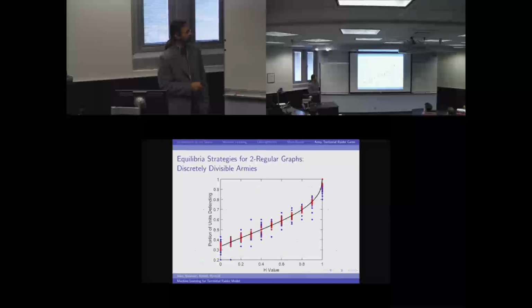What is nice about this approach is that this black line is for the continuous army, meaning that your army is ideally divisible, so that you don't have 10 units, you have like 10 million units, and you can split them in basically a continuum manner. Then the more units you have, the closer you get to the continuous army approximation. So this is a relatively nice result, even though we don't have it analytically.